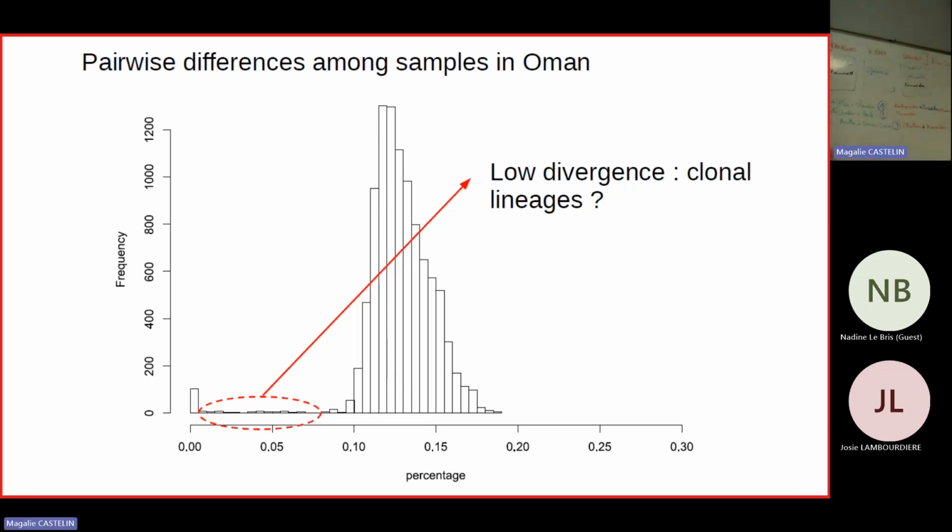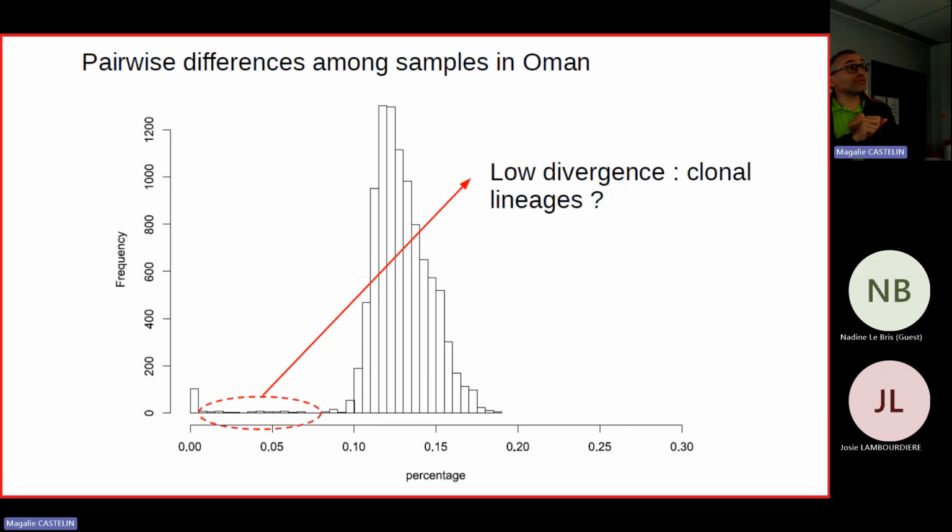What is this? In fact, these are clonal lineages. These are clones which are present in our data. You may say, okay, if these are clones, we would expect a divergence of 0. If they are clones, they should be genetically identical. If you use RAD sequencing, you don't get 0. Generally, you will never have 0 divergence, for two reasons. First, when you do RAD sequencing, there are some sequencing errors.